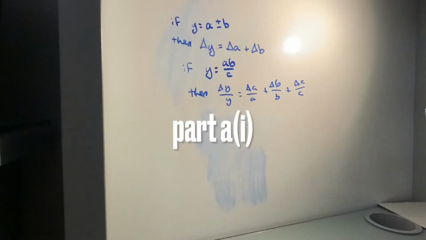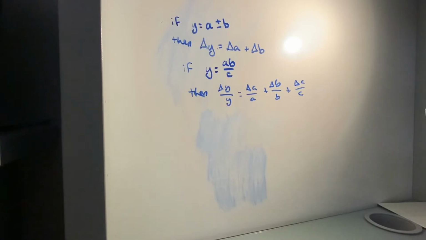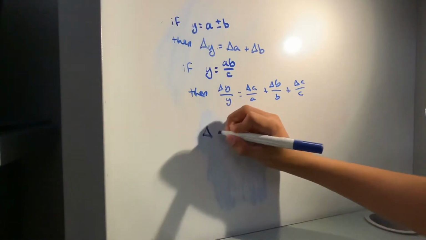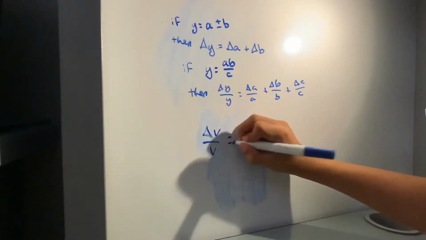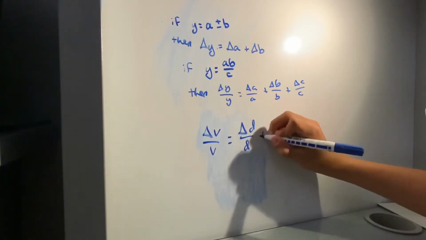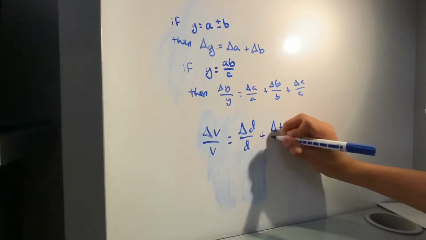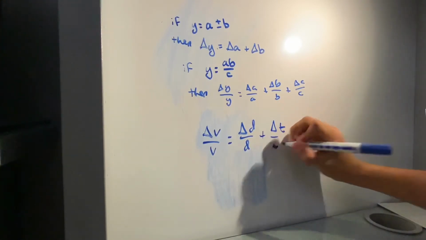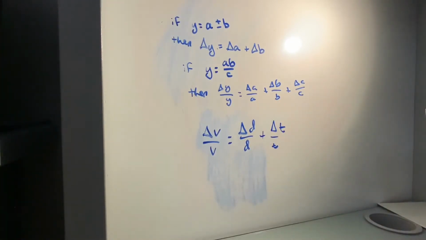So what I did is I used this formula from the data booklet and I changed the value, so the change in v over v equals the change in the distance over d plus the change in time over t, which is time.